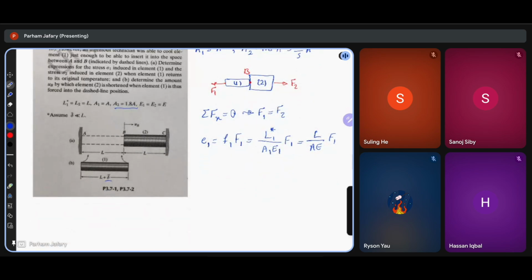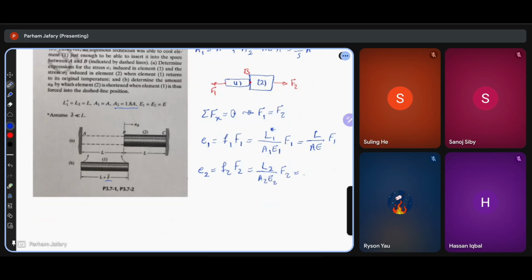The F1 is unknown, and similarly I write this for element 2, F2 times L2 over A2 E2 times F2.